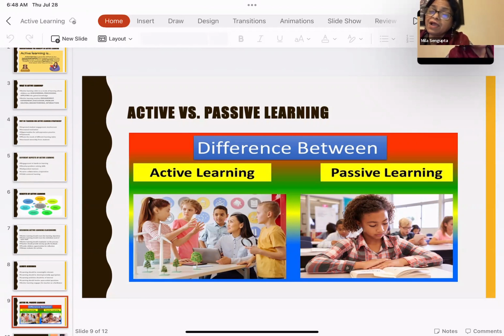But at the same time, I would also recommend that active learning does not necessarily mean chaos in the classroom. There is structure, there's routine, there's a schedule in the classroom. You are the one who's driving, you are the leader, and you are guiding, supporting and leading these students towards that learning outcome.